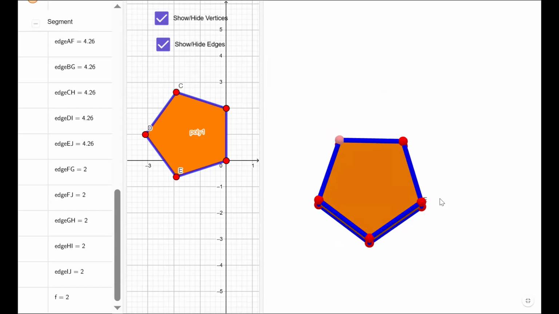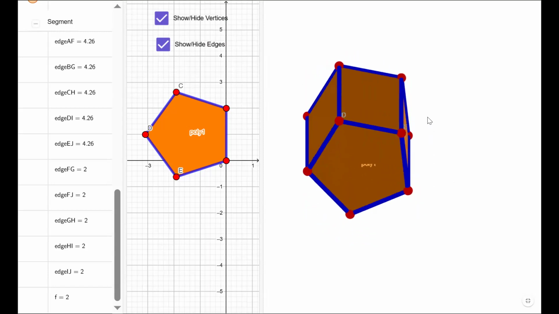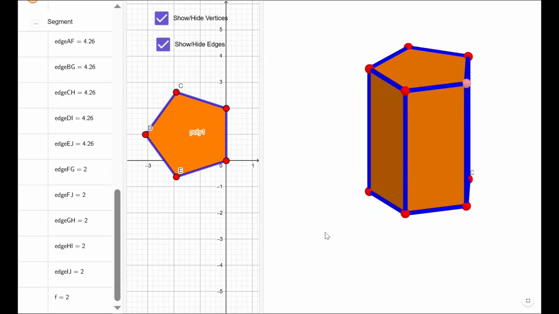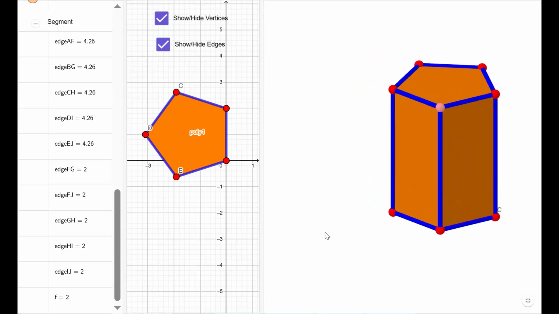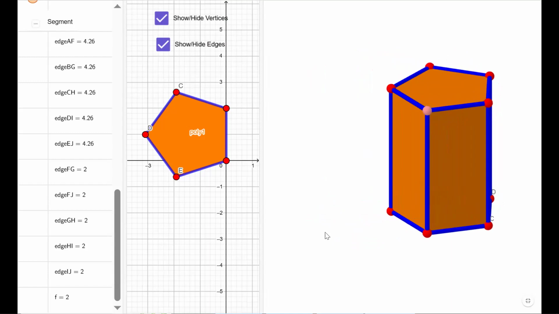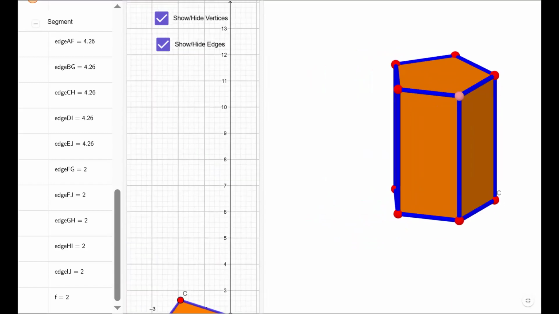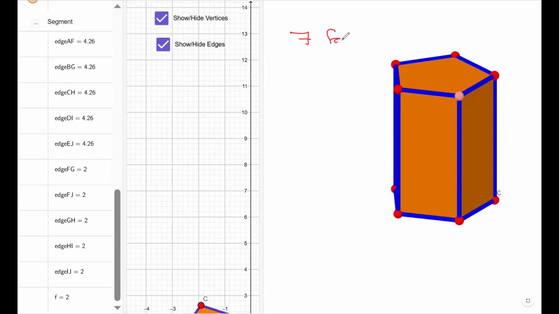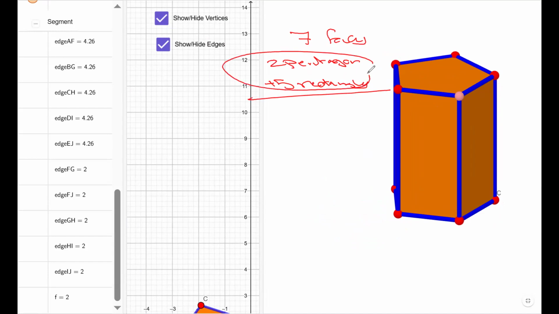Count with me: one top, one bottom, and five around. So in the pentagonal prism, we have 7 faces. Two pentagons plus 5 rectangles around. The total faces is 7.